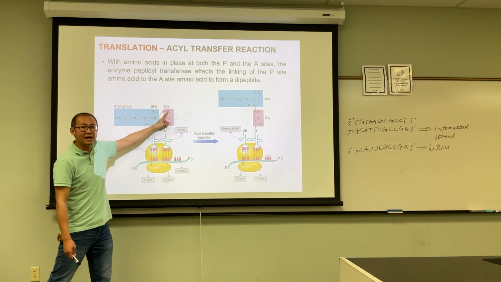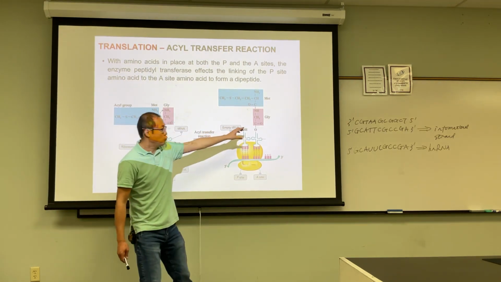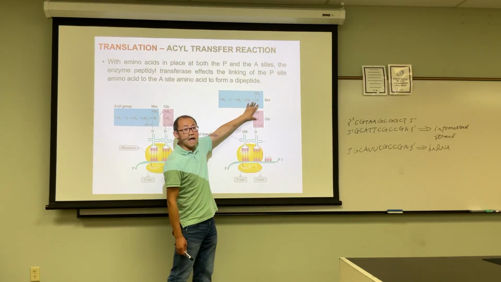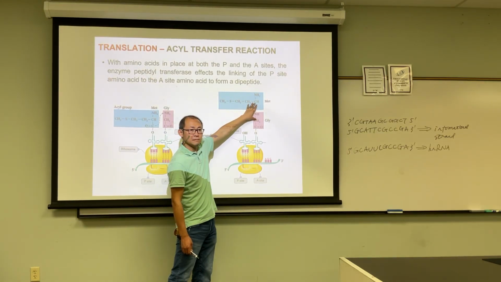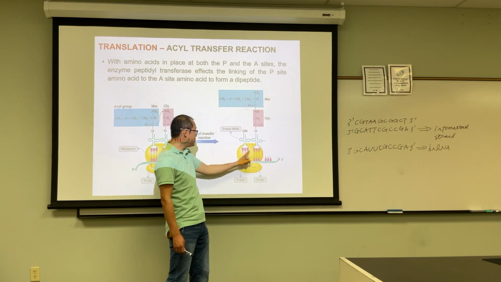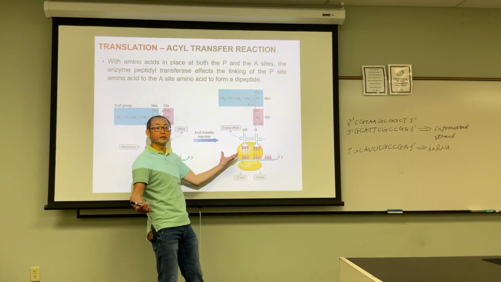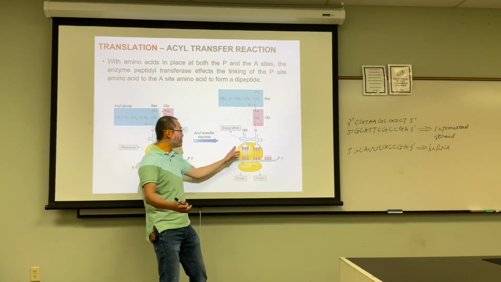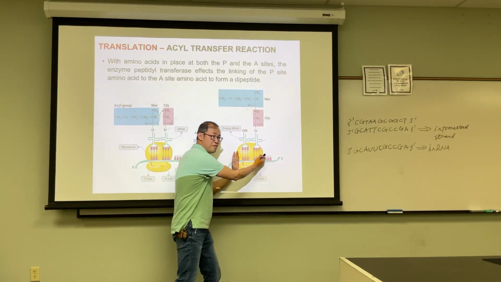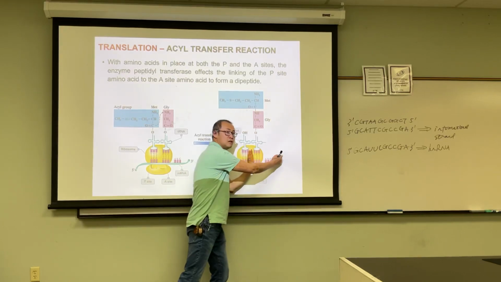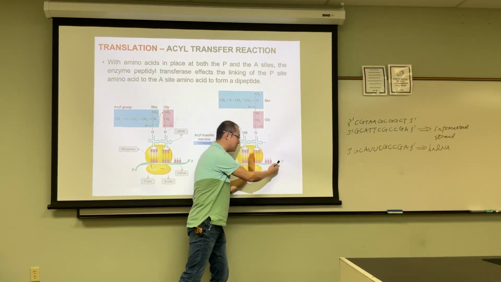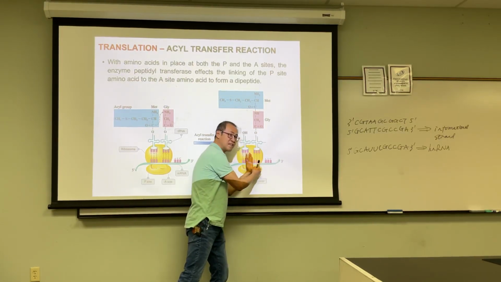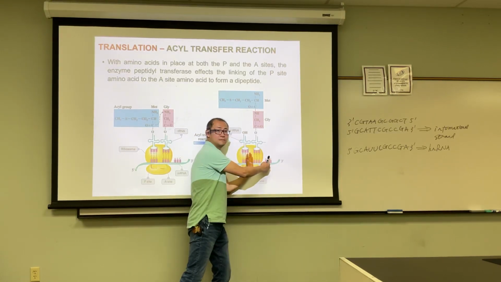And after that, take a look. We now have a what? Dipeptide on the A site, right? And then the P site is what? Empty, because the amino acid is gone. Do you guys see that? After that, the factory is going to shift one spot, cover this site and a new site.